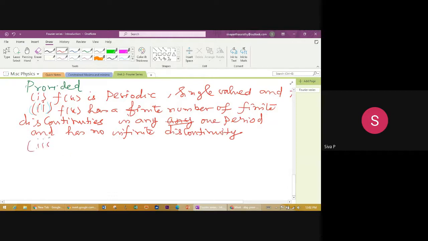These are the basics. F of x has, not at least, just wait. Yes, at most, not at least.